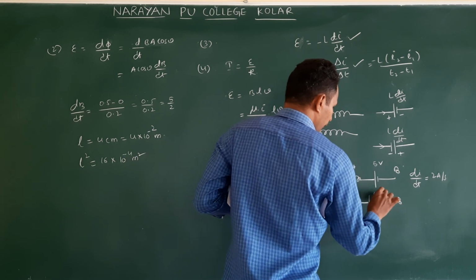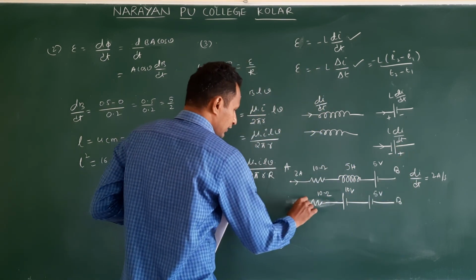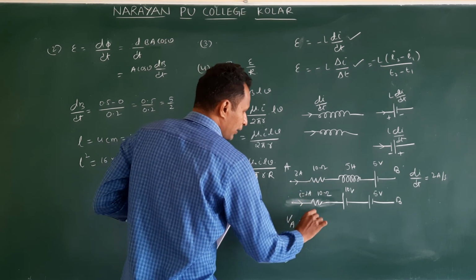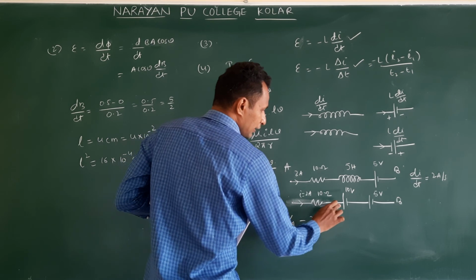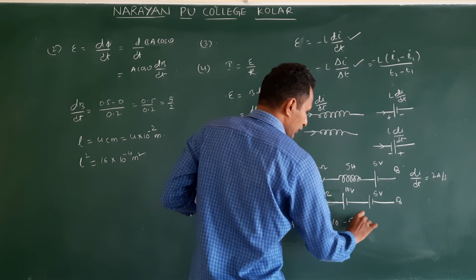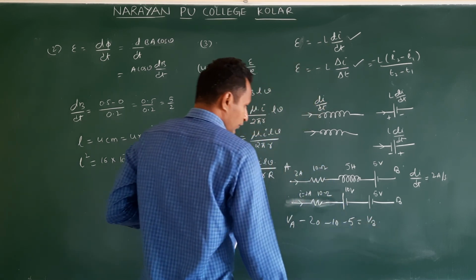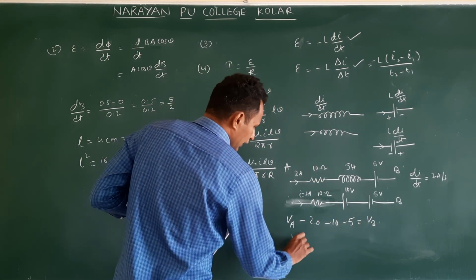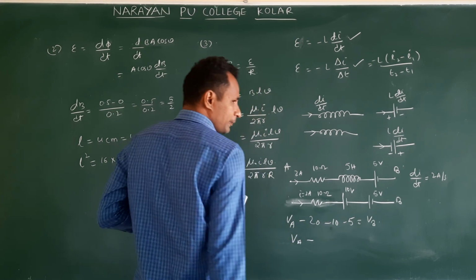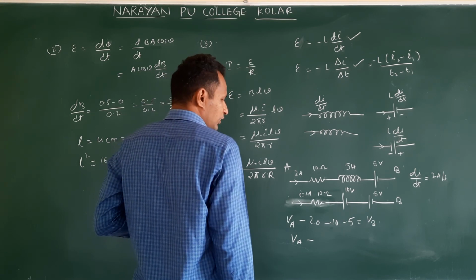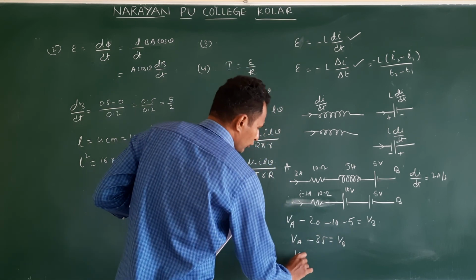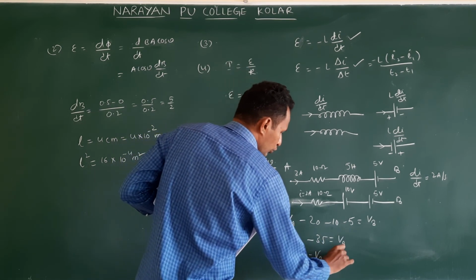This is B. Then I am writing VA minus 2 into 10, 20. Leaving the negative terminal, minus 10. Leaving the negative terminal, minus 5 is equal to VB. Clear? Then VA, this is 20, 15 minus, 35 VB. Then VA minus VB is equal to 35 volt.